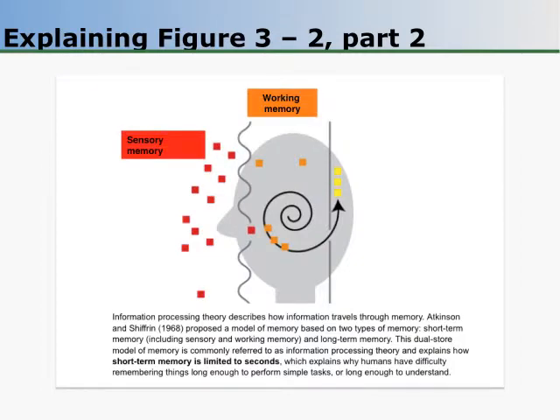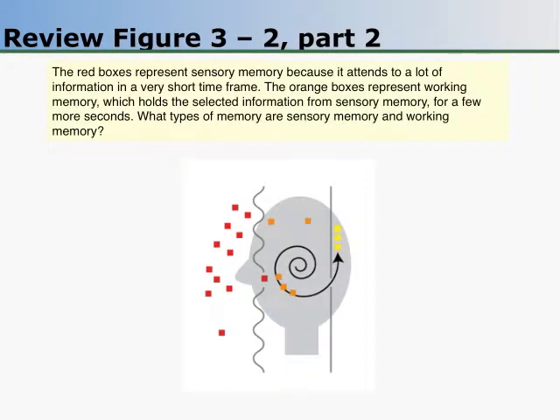The first two types of memory that you see identified here are sensory memory and working memory. Both of them are considered short-term memory because they're extremely limited. Long-term memory has an infinite capacity. The red boxes represent sensory memory because it attends to a lot of information in a very short amount of time.